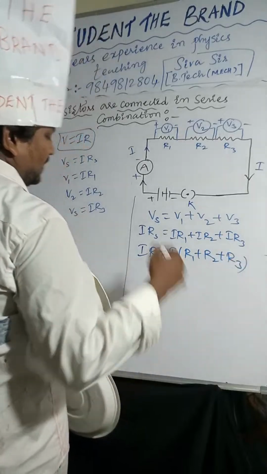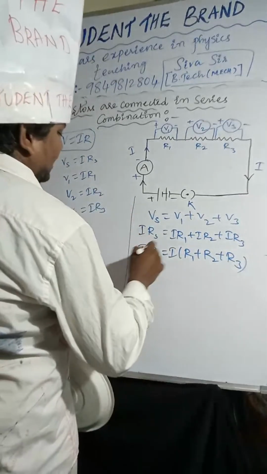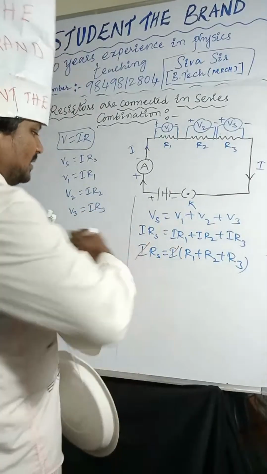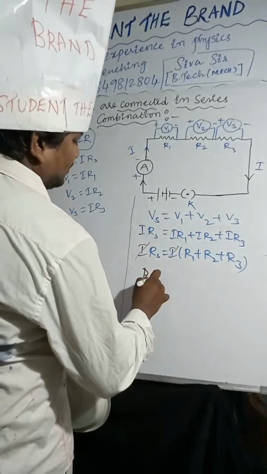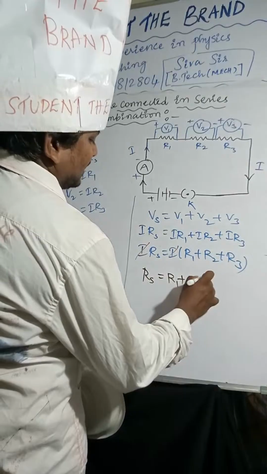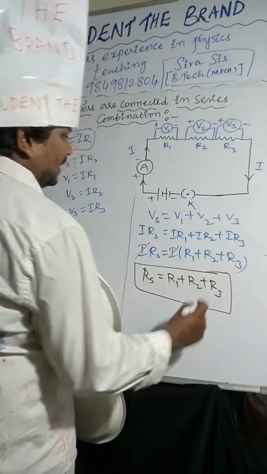Now I am cancelling I on both sides, and the remaining values are Rs equal to R1 plus R2 plus R3.